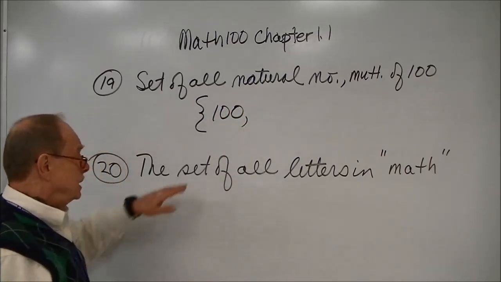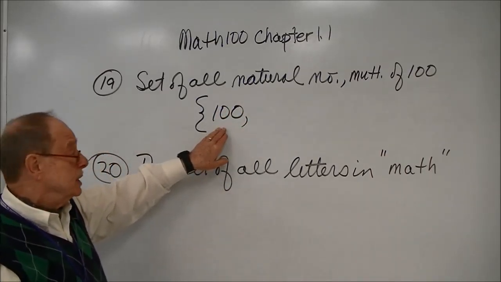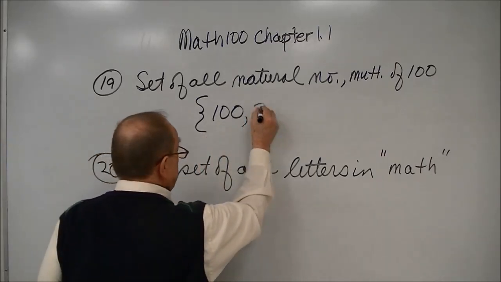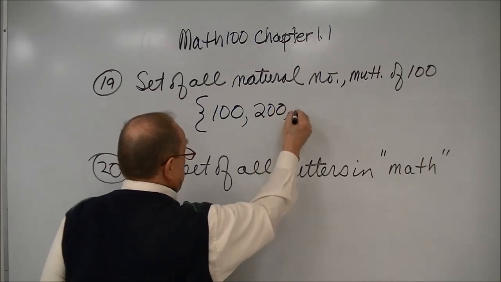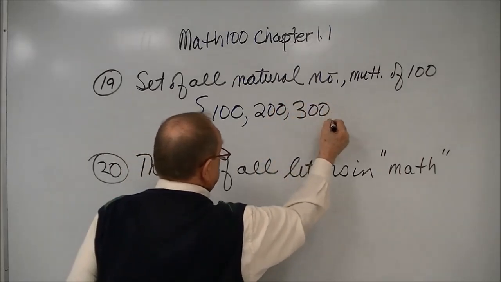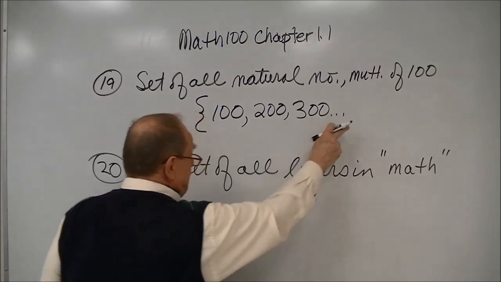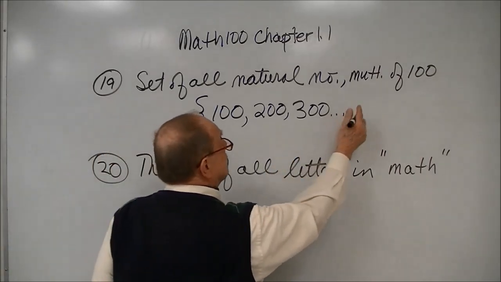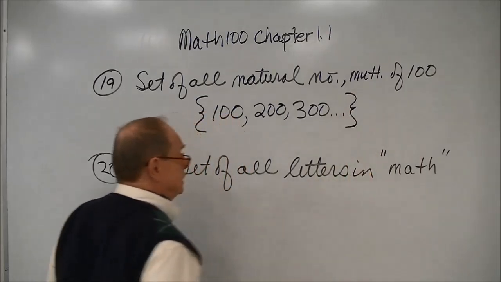And we separate the members or elements within a set by a comma. The next one will be 200. Next one, 300. And we've set up a pattern so we can use our ellipsis, and we just close it up.